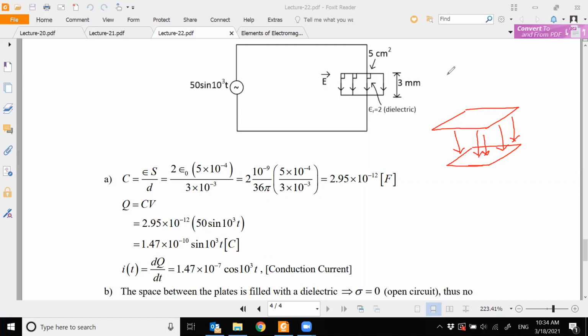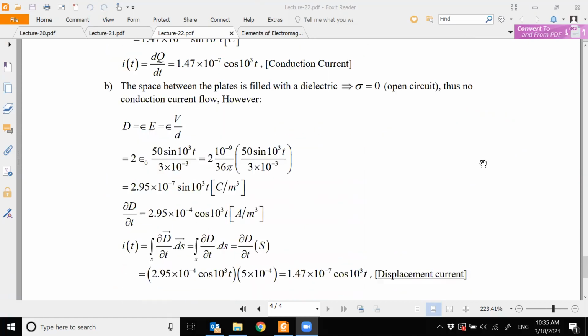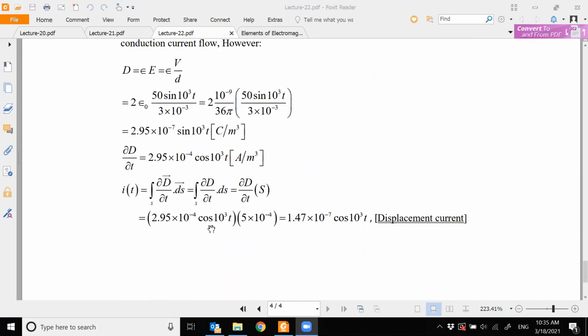To find the current, which is coming like this and going like this, this becomes my cross-sectional area. That is the cross-sectional area of the plate, which is given here. How much is it? 5 centimeters square. So use the 5 centimeters square, and then you will see that the current is this one.